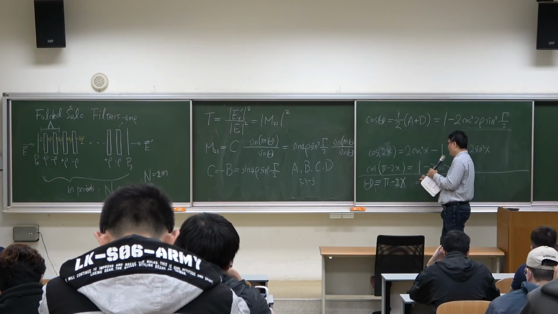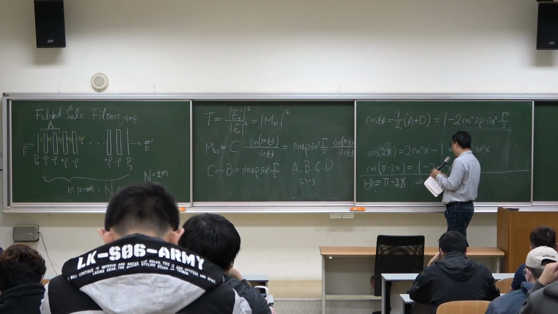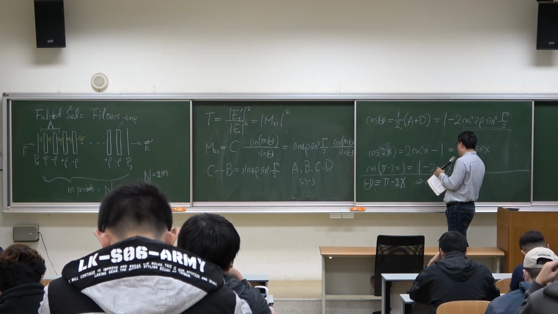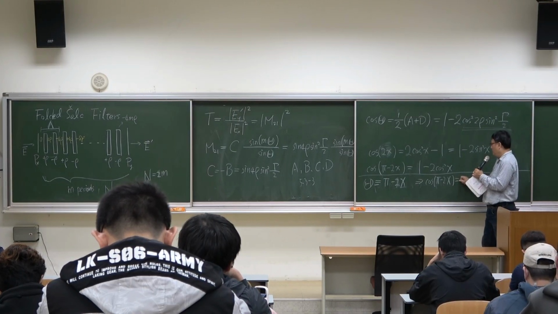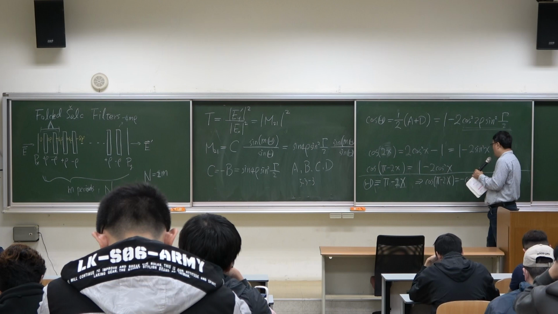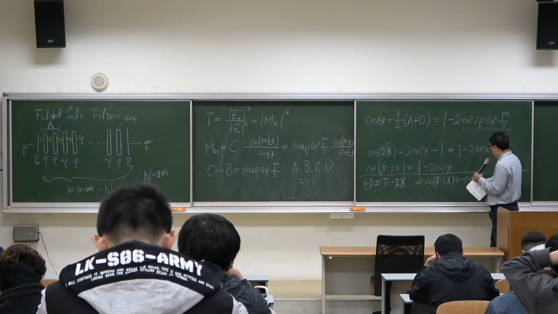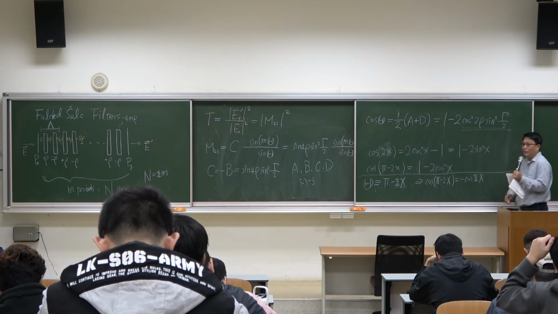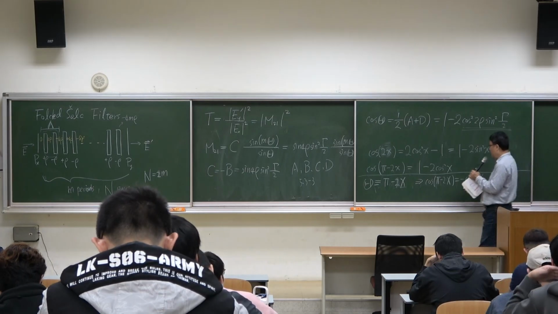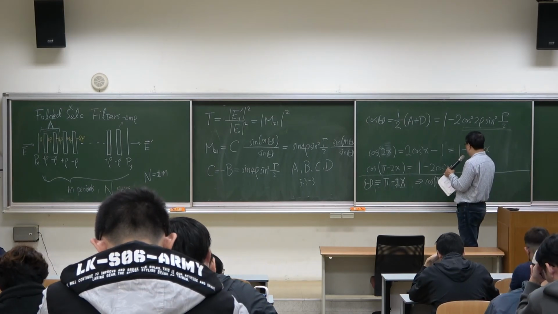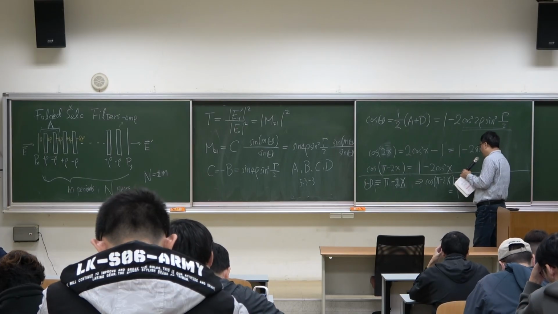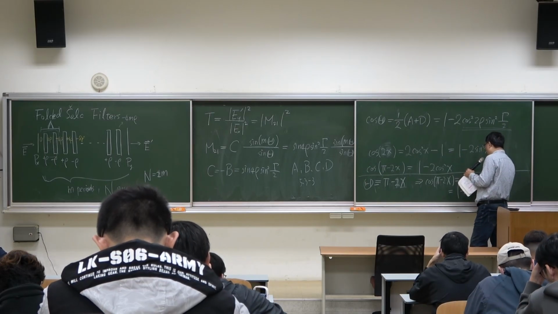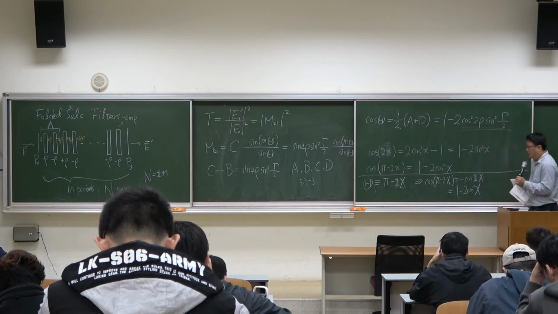Then we find cosine of pi minus 2 chi, okay, is equal to minus cosine 2 chi, and the result is equal to 1 minus 2 cosine squared chi.